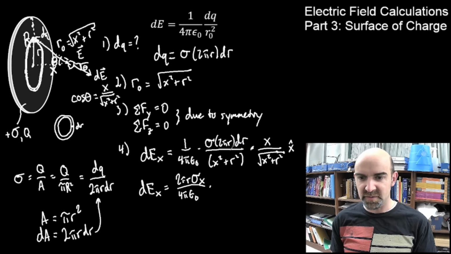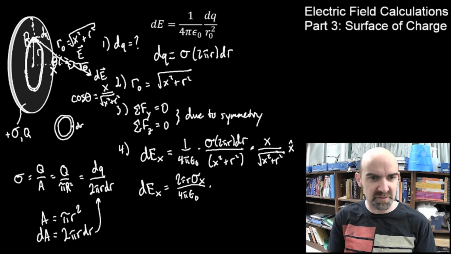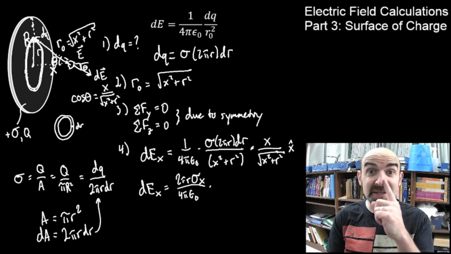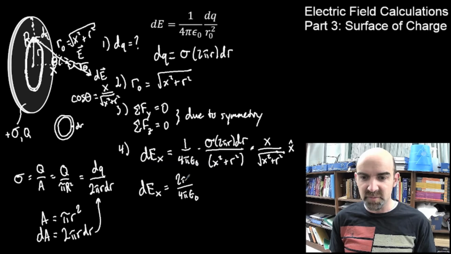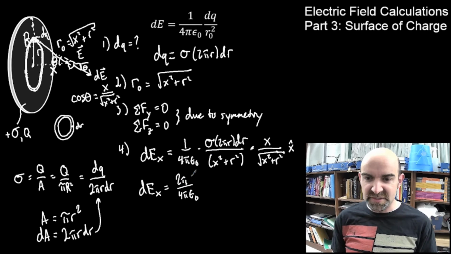We've got, ooh, acted a little hastily. Don't be hasty. Thank you, Pippin. Back. R needs to come out with its friends. Okay, so we're going to have a 2 pi sigma, and an x up there in the numerator.